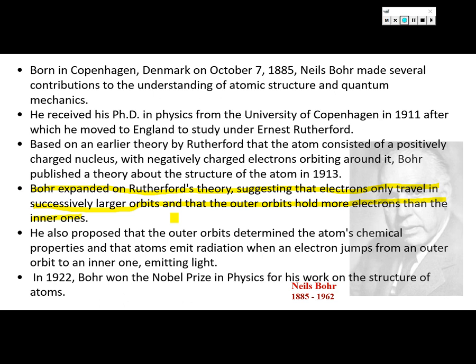How many electrons? 2 in the first, 8 in the second, right? That was Bohr's idea. Very, very specific. The outer orbits, like as you've got farther from the nucleus, they held more electrons. Even this idea today we still use. Outer orbits determine the atom's chemical behavior.